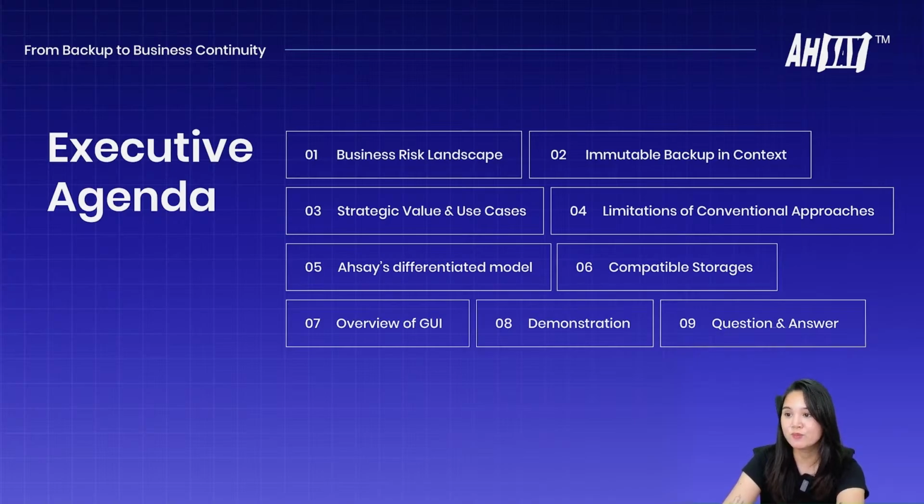After that, we'll briefly touch on the limitations of conventional approaches before introducing Ahsay's differentiated model and how it addresses those gaps. We'll also cover the supported storage environments, followed by a quick overview of the interface and a short demonstration to bring everything together. And of course, we'll leave time at the end for your questions.